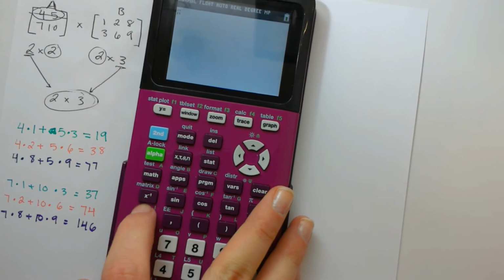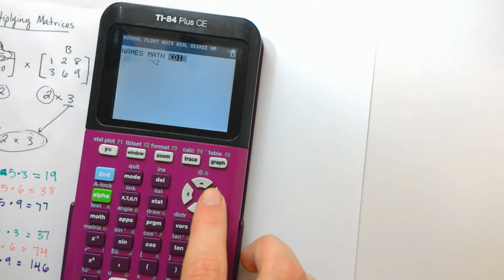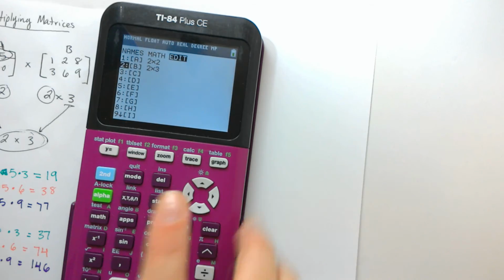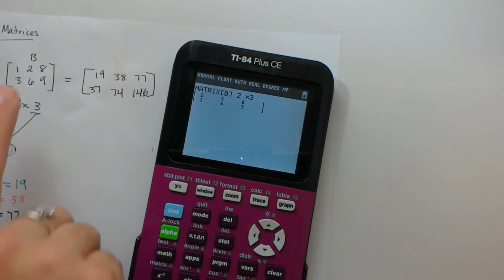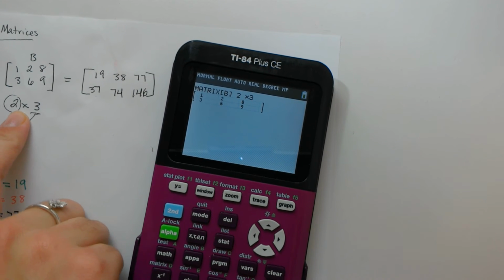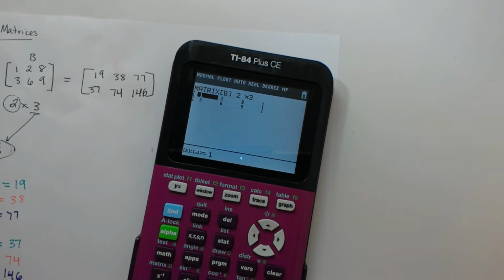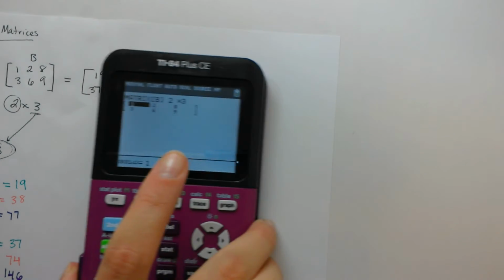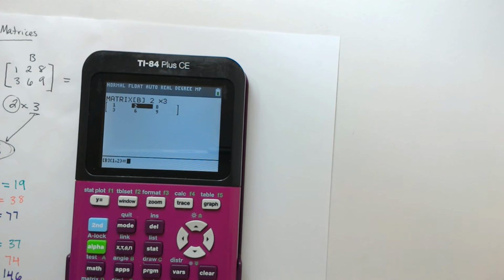Now I'm going to hit edit all the way over, and go down to my B term this time. So enter. My dimensions for my B matrix are 2 by 3, so I insert 2, enter, 3, enter, and now I'm going to start inserting the values: 1, 2, 8, 3, 6, 9.